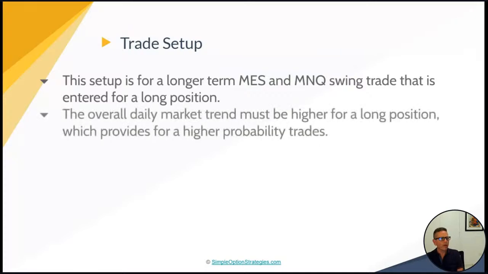Okay. All right. So the overall daily trend is which way? It is higher, right? Normally markets are going up for most of the time. Even without the Fed, we would obviously have more corrections, but those corrections are fast.